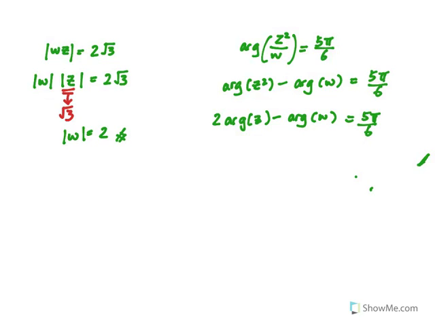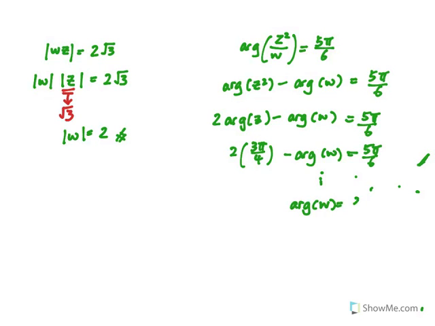The argument of z is 3 pi over 4. The argument of w is something we'll find later on. Solving this, you will obtain that the argument of w equals 2 over 3 pi.